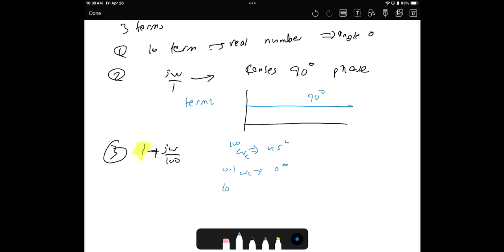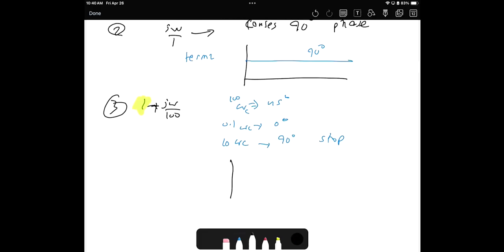At 10 omega c, it will be 90 degrees. So it will look like this, and before omega c, which is 10, after omega c, 10 power 3. Here is omega c. Then we can say it starts to be negative, here it's a 4, I think.